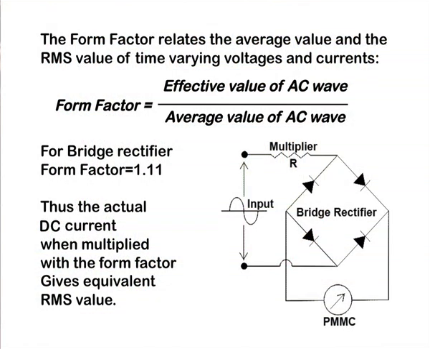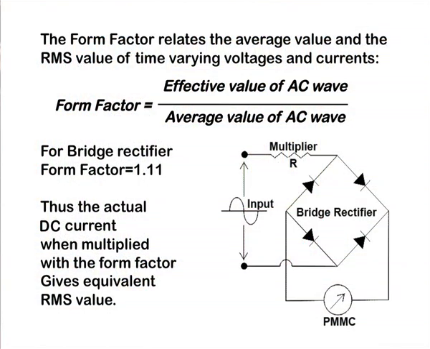Now, there is a factor we define as the form factor, which is given as the ratio of the effective value of AC and the average value of AC. Average value of AC is almost the DC which has been measured by the PMMC meter.